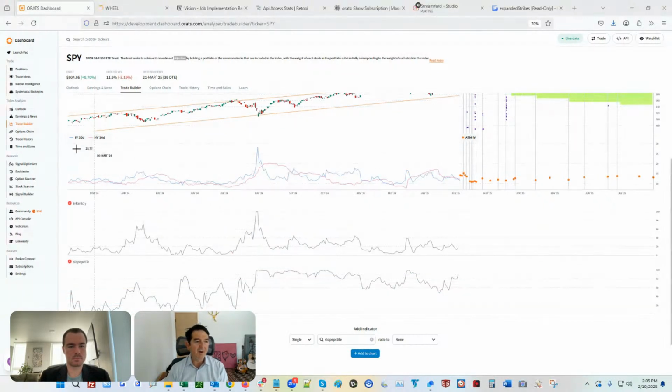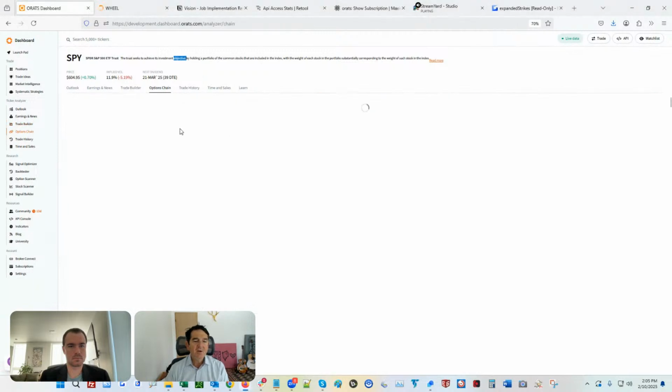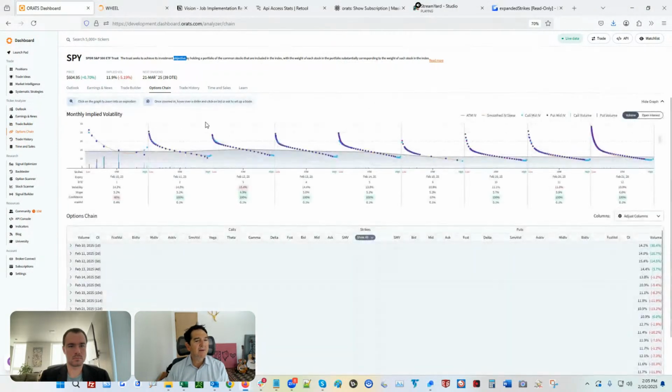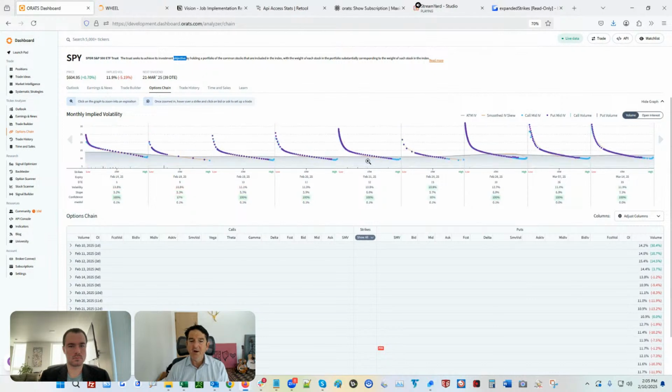And let's just go look at what I'm talking about. The slope is how high the puts are relative to the calls. So in these types of situations, you could tell that these are low strikes, and these are high strikes for this one expiration right here.